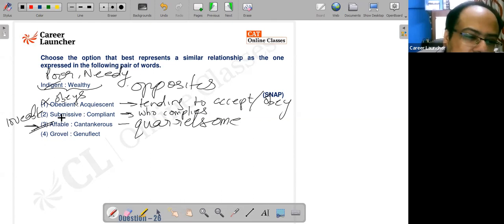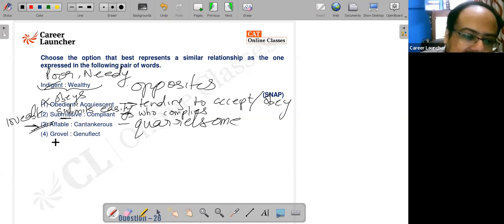That is more or less the same as submissive. Who is submissive? A person who submits easily. Submissive comes from submits. A person who complies easily is compliant. The meanings are similar.